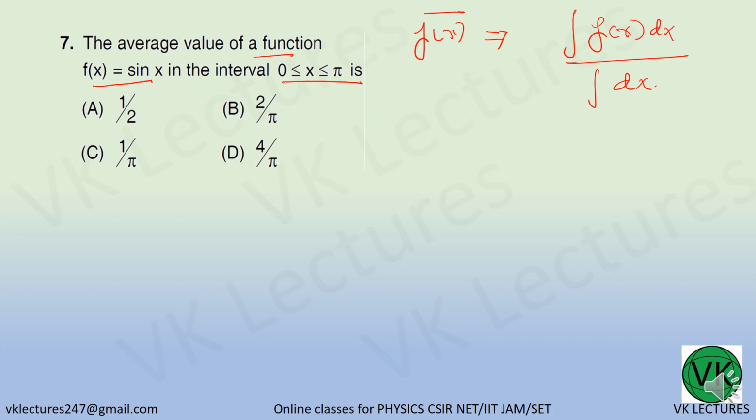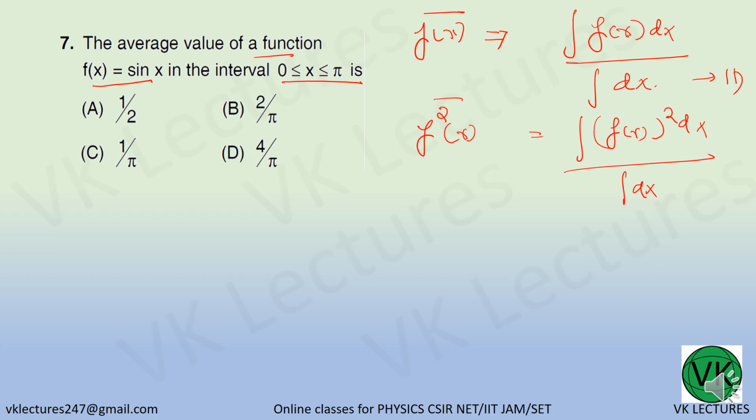For example, if you want the average value of f of x squared, then integral f of x whole squared dx divided by integral dx. This is in one dimension. Similarly, in two dimensions you have to integrate over two dimensions, integral dx and integral dy will be there.